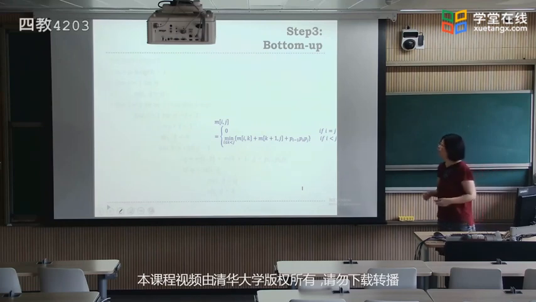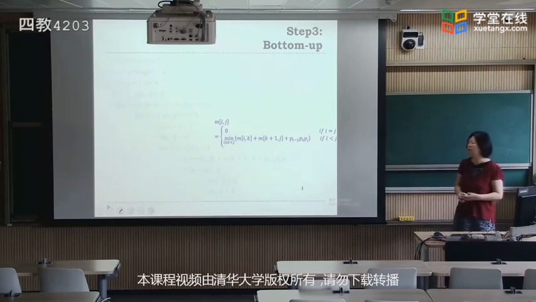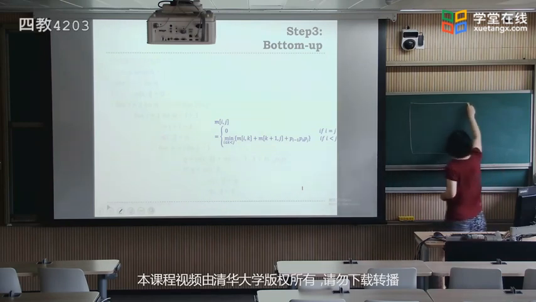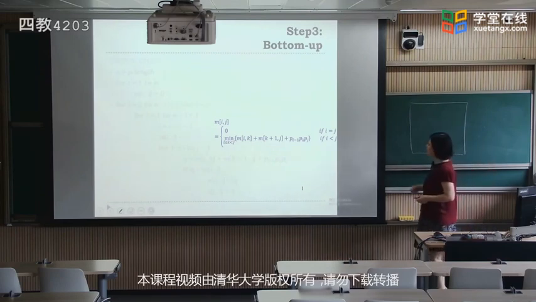How to design a bottom-up algorithm to calculate m[i][j], right? So let's draw a table for m[i][j].